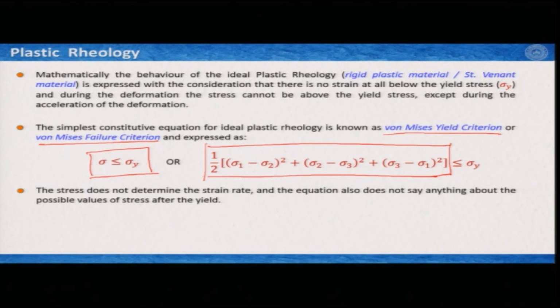So, you can figure it out, and we can also figure out the stress does not determine the strain rate, and the equation also does not say anything about the possible values of stress after the yield. So, therefore, you do not know what would be your stress value after the yield, and that gives a very interesting phenomenon of rock deformation in structural geology of plastic deformation, which we are going to see now.